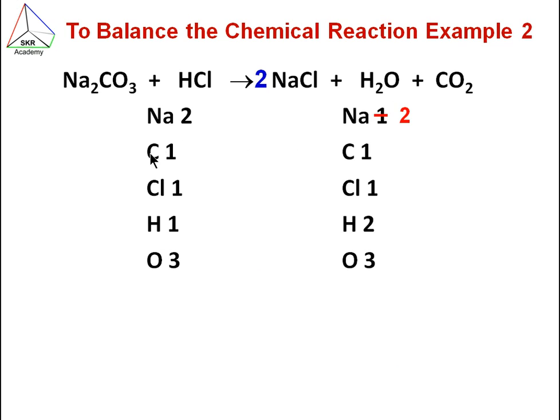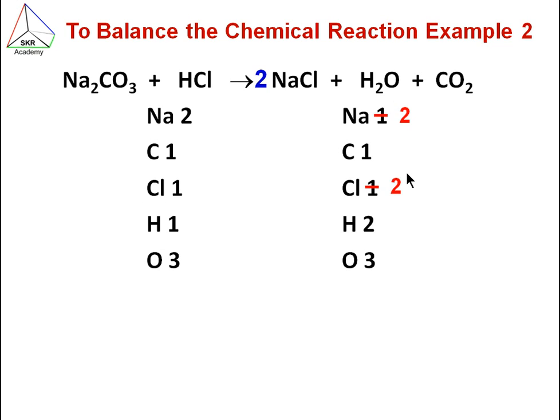Carbon is also 1 on both sides, so we need not balance it. But what about the chlorine atom? Chlorine on the left hand side is 1, but since we added a coefficient in front of NaCl, the total chlorine on the right hand side becomes 2.